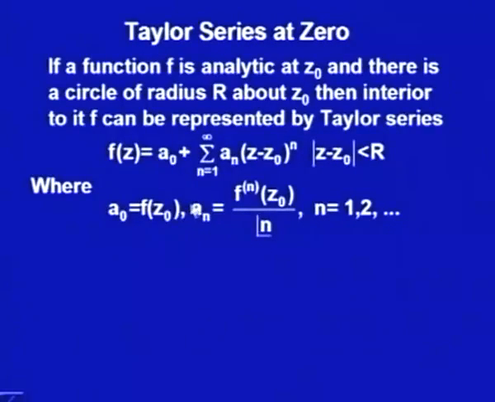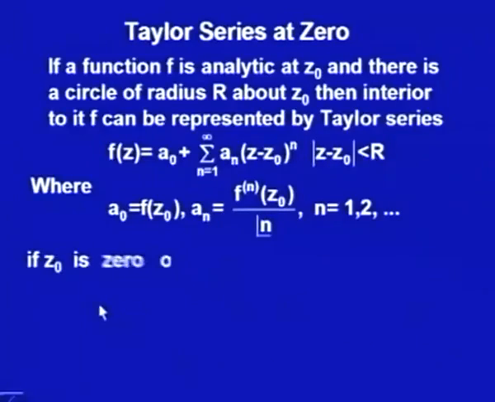Now, if z naught is a zero of the function f, what it says is that f of z naught would be 0, that says a naught would be 0. Now, suppose z naught is a zero of order m, then what would I get? I would get that f of z naught would be 0, the first derivative f dash at z naught would be 0, the second derivative f double dash at z naught would be 0, until the m minus 1th derivative at z naught would be 0.